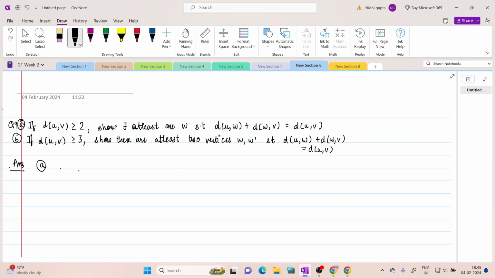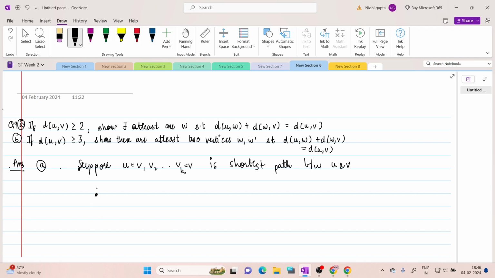We are given that the length of the shortest path between u and v is greater than or equal to 2. Suppose u is equal to v1, v2, up to vk equal to v is the shortest path between u and v.